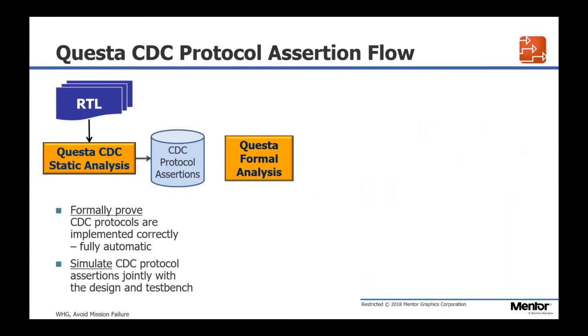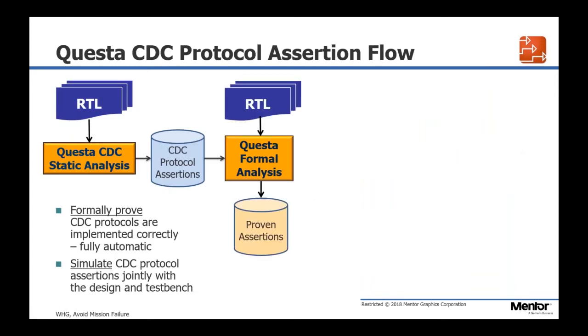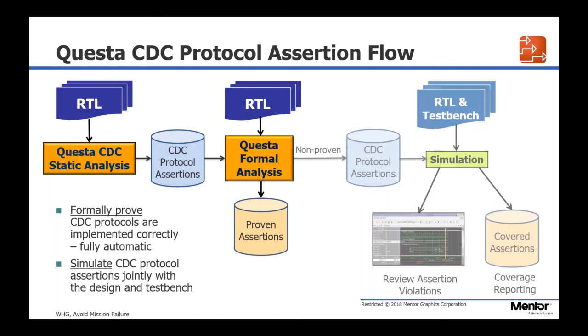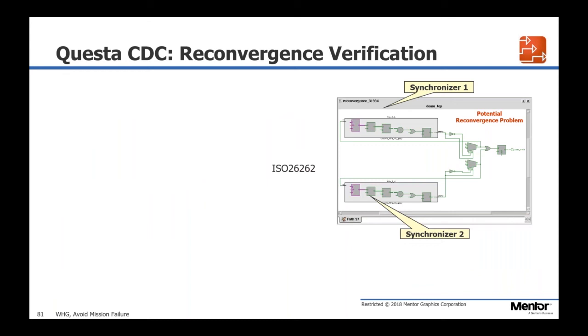And it can do that protocol checking either with that formal state space engine, or you can bring in your testbench and it will use your testbench stimulus to either promote or demote those things. The last piece is what's called reconvergence. And this is the trickiest of the CDC problems. So right here, you have a signal that is in this domain.